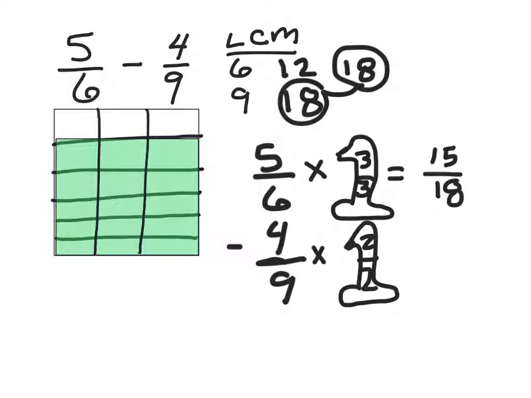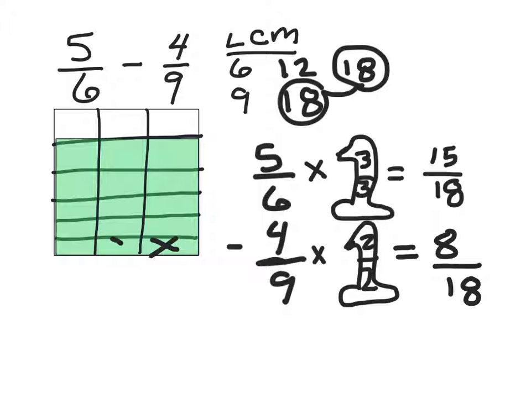And now I'm going to do this one, and I'm going to take 4 times 2, which is going to give me 8. And then I've got 9 times 2, which is going to give me 18, right? And that is lovely. Okay, so now I can subtract these because these are both in 18ths, right? So I'm going to take 8 of those 18ths, and I'm going to do that just by crossing these out.